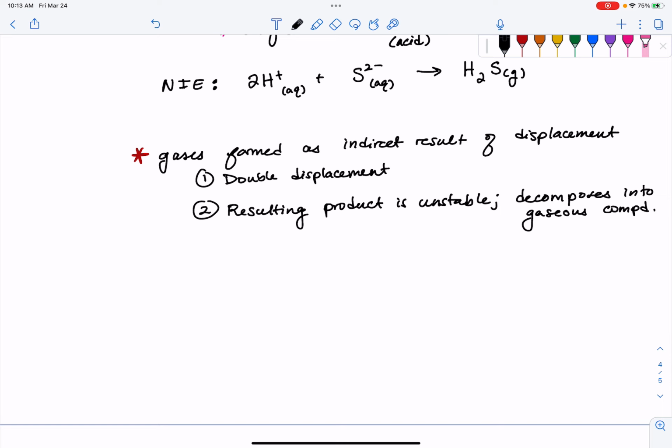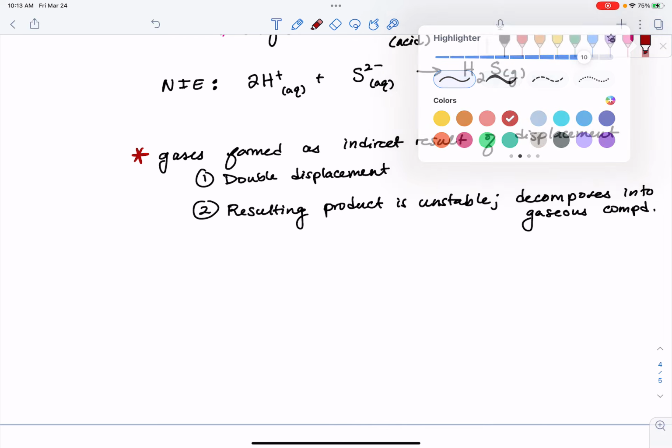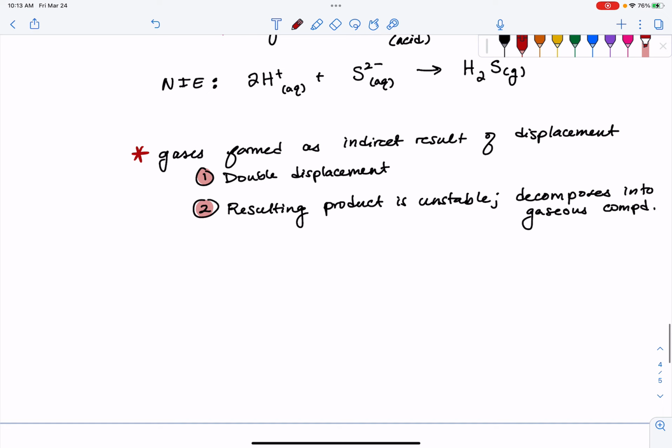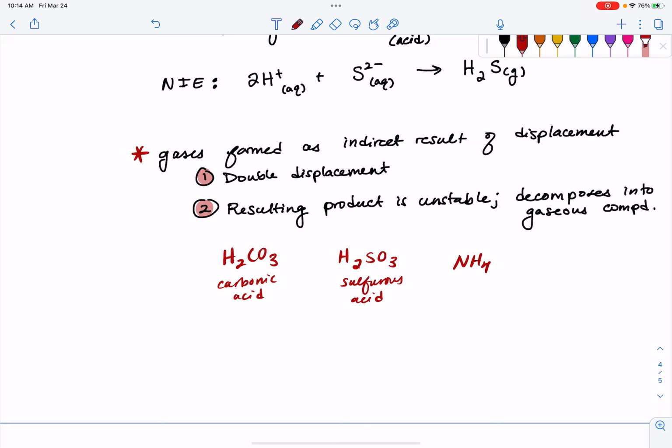So any ions that you need to be aware of in aqueous reactions that will potentially form an unstable aqueous product are these: if we have any kind of carbonic acid being formed, if we have any kind of sulfurous acid being formed, or if we have ammonium hydroxide being formed.